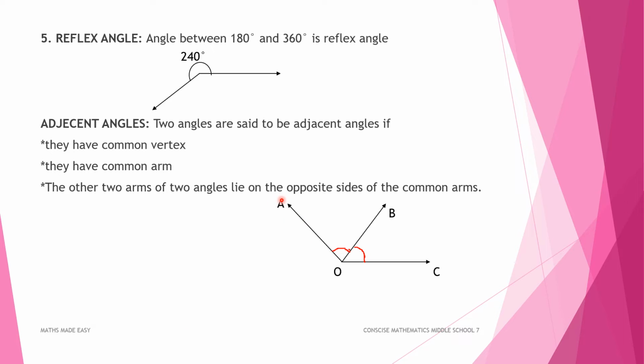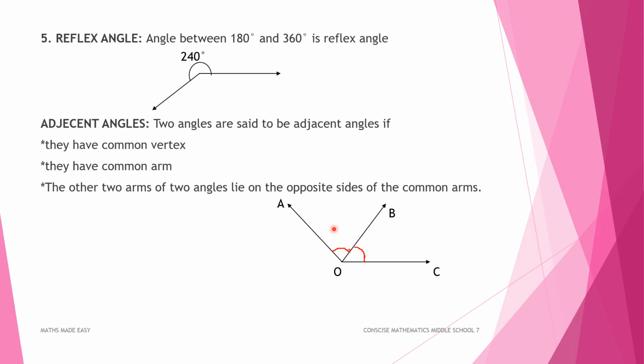Here two angles are formed on this side and this side. I think you understood. Here I have already shown you the two angles, AOB and BOC, right?